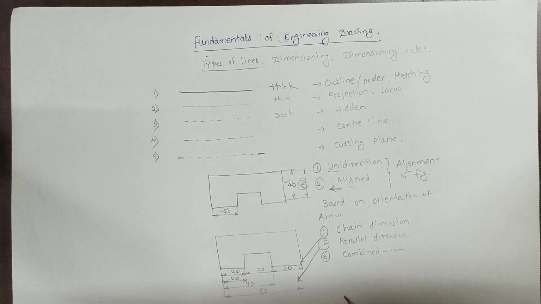So mistakes are less in parallel dimensioning. And if you follow chain as well as parallel dimensioning, it is called combined dimensioning.